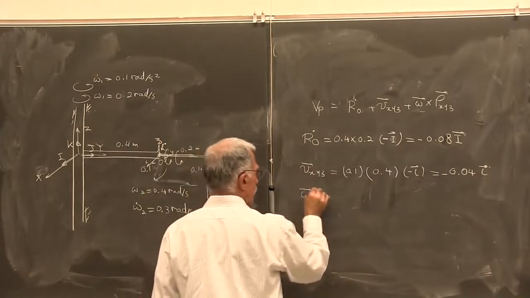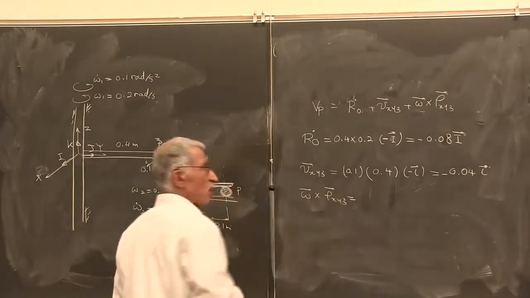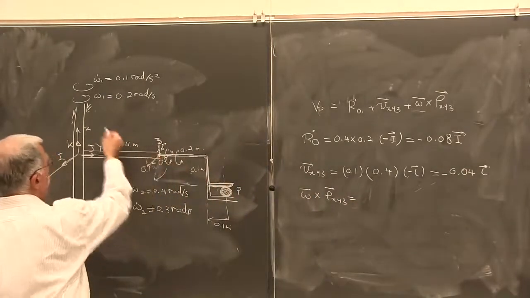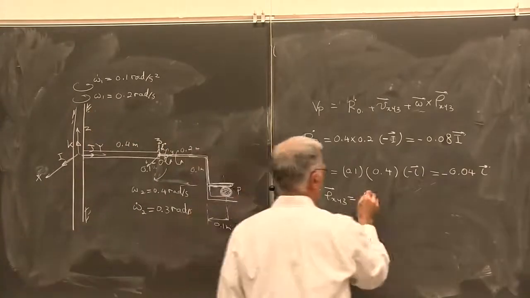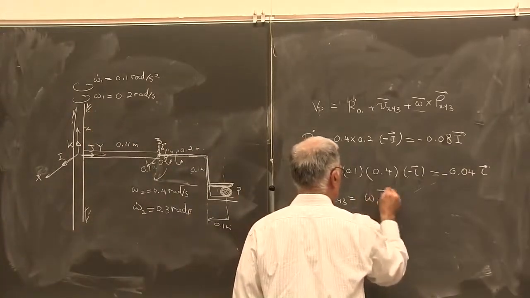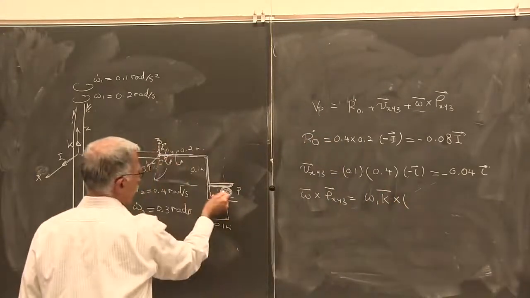Omega times rho xyz becomes, know that the auxiliary reference frame is being twisted by this omega 1 capital K, and rho xyz is equal from here to here.